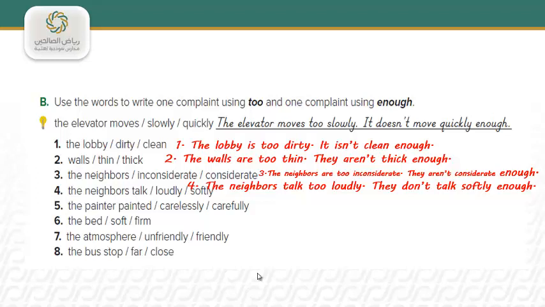For number 4, the neighbors talk too loudly. They don't talk softly enough. Again, too precedes the adverb loudly and enough follows the adverb softly. So you can see clearly how different the use of these two words is.